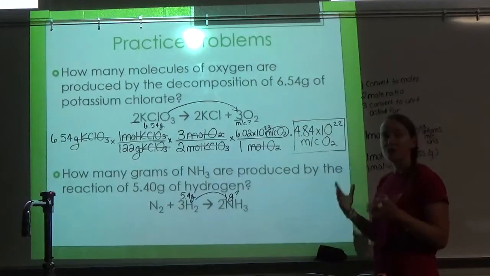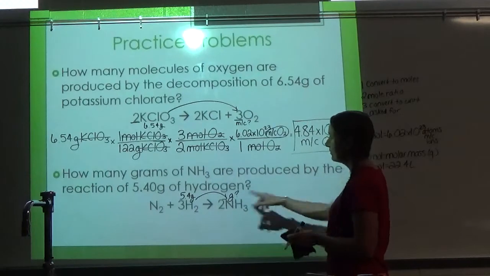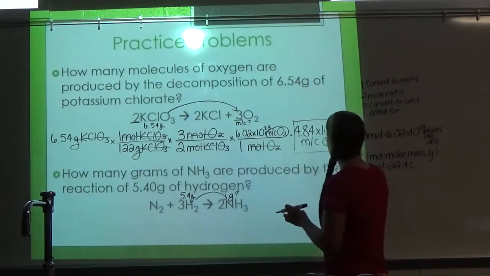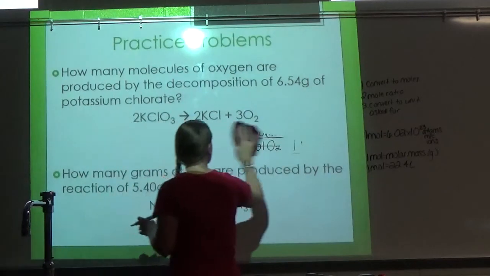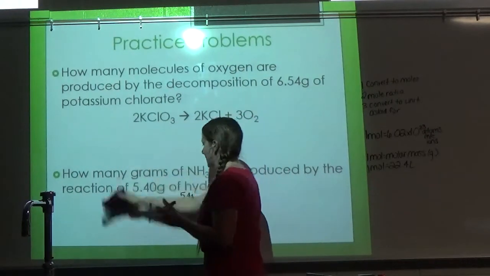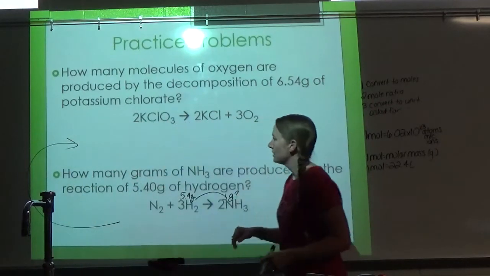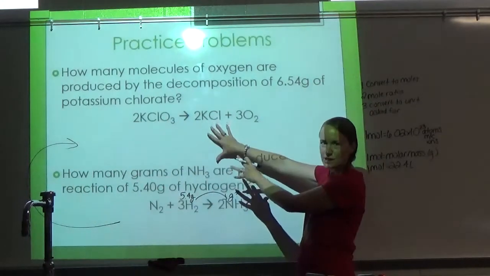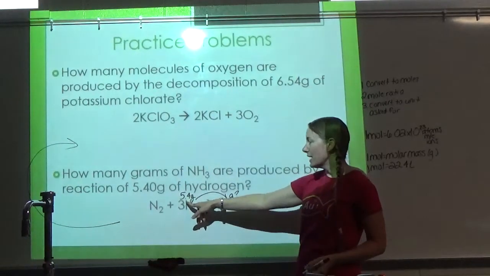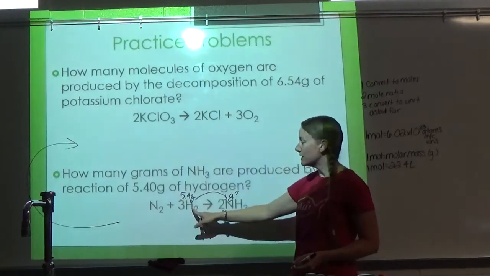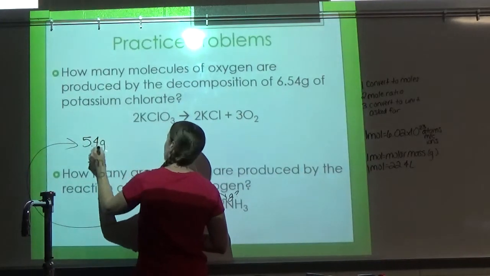This is kind of low, and I'm not sure if y'all can see that well, so let me erase this one real quick and move this up here. I want to make sure that y'all can see what I'm doing. So we're doing this problem just in this area. Start with what we know: 5.4 grams of hydrogen, which is H2.